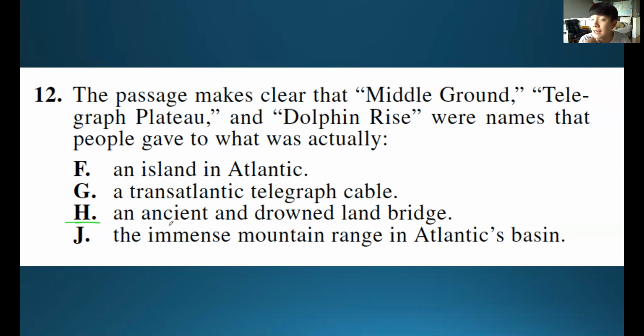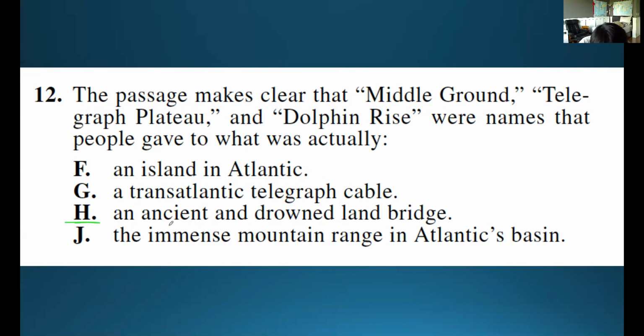And then I stand here telling you that everything is obvious on the ACT, and there's a lot of stuff that you can look at in the passage directly and get. But you have to realize, an ancient and drowned land bridge is something that people in the past thought it was. What does it say later on? It says later on it is a great valley, right?